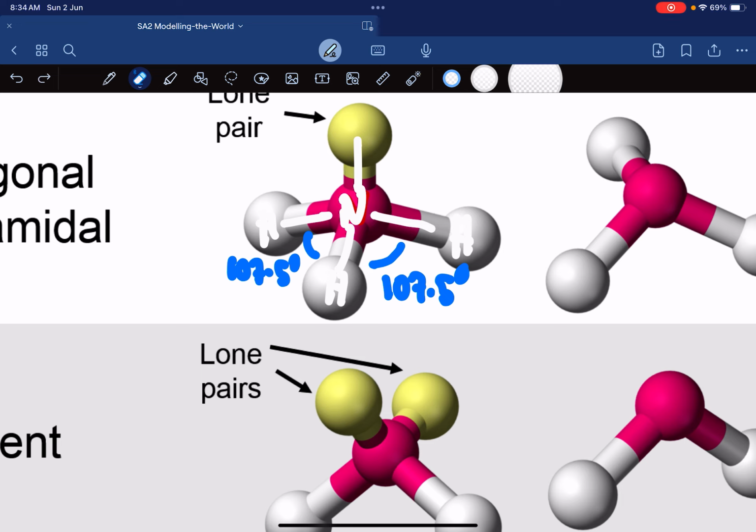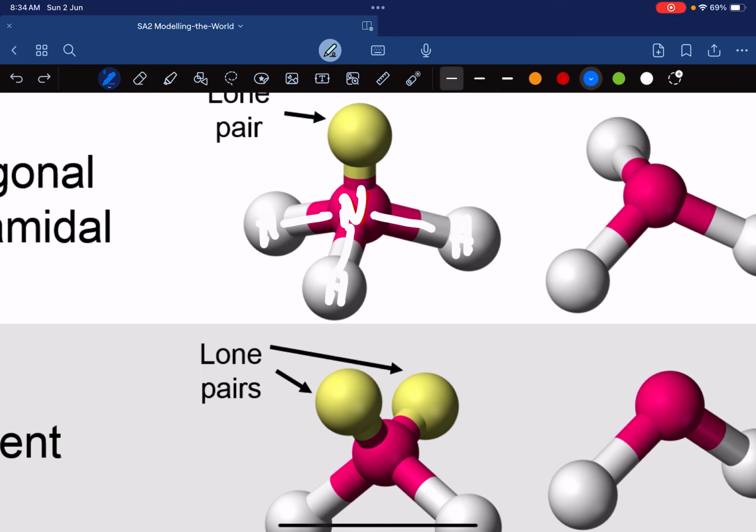But what happens is, the angle between the lone pair and a bonded pair is greater than 107.5.